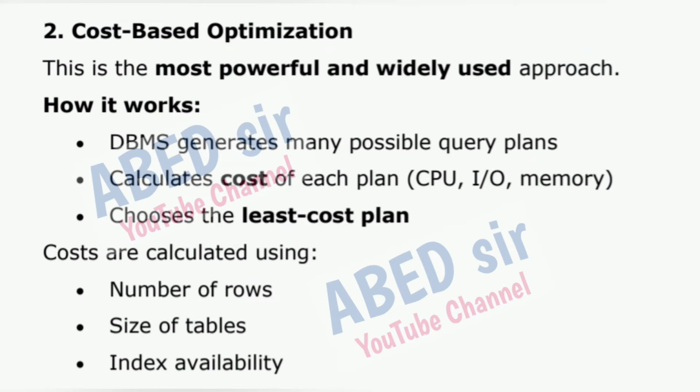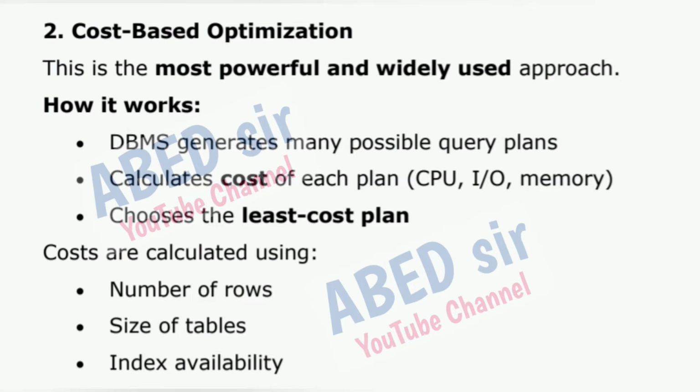2. Cost-based optimization. This is the most powerful and widely used approach. How it works. DBMS generates many possible query plans. Calculates cost of each plan: CPU, I/O, memory. Chooses the least cost plan.